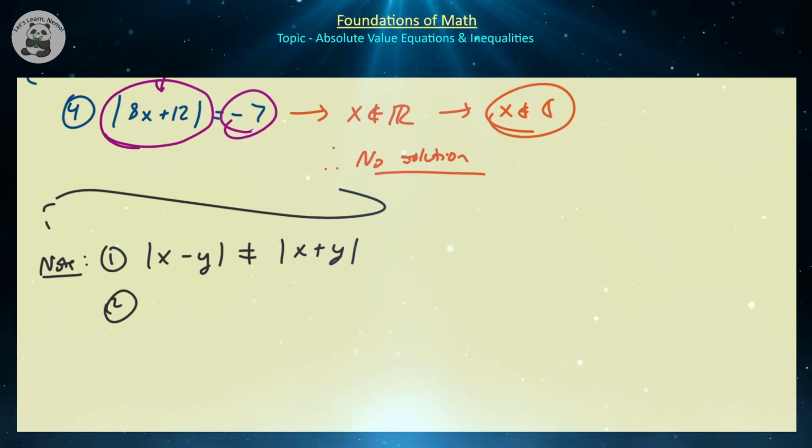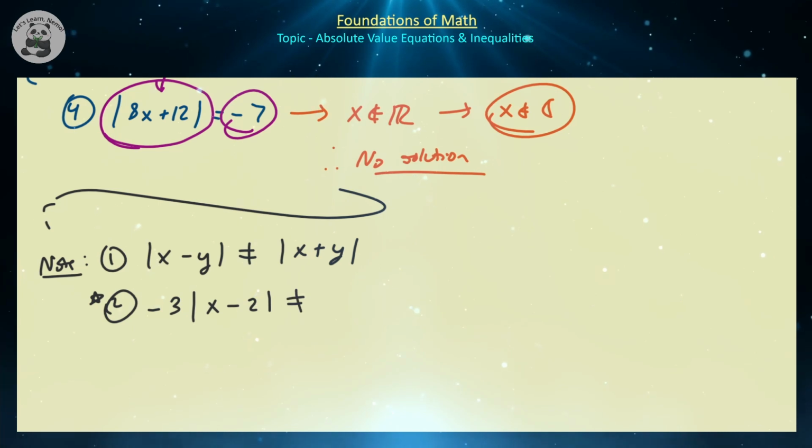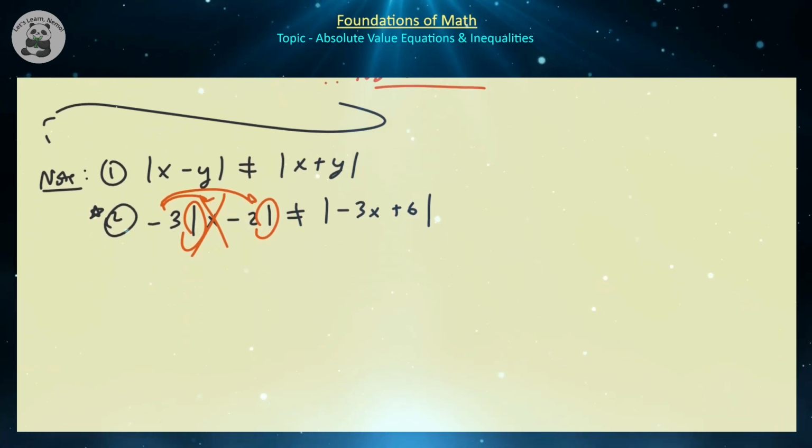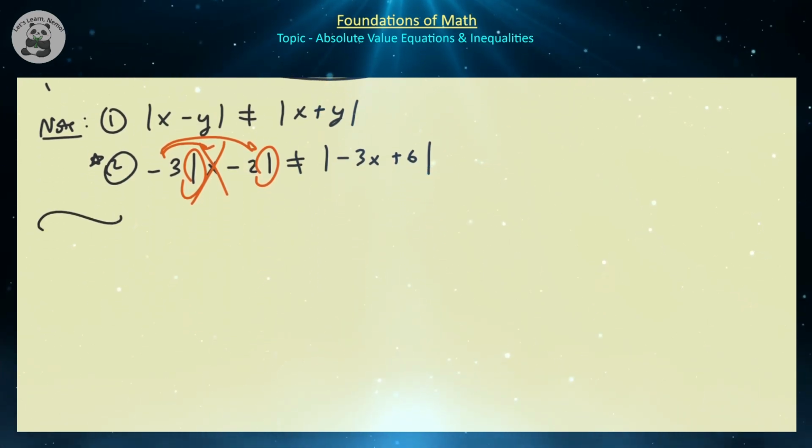And moreover, a specific example, if you have, for example, negative 3 times the absolute value of x minus 2, this is not necessarily equal to the absolute value of minus 3x plus 6, i.e. you cannot distribute into absolute values. So this is not a parenthesis, so you cannot do such things. All right. So with that in mind, let's look at another example just for practice.